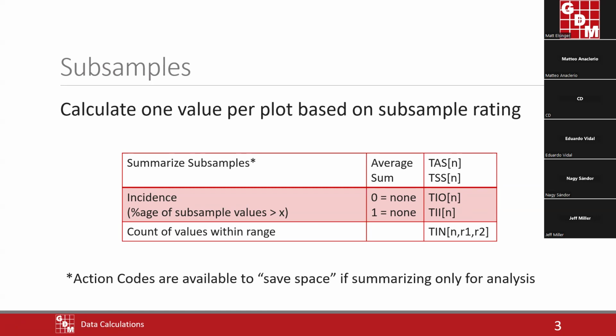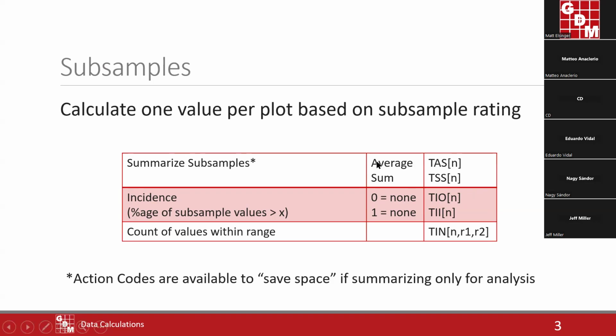So our ANOVA, the physical analysis that we have, doesn't go as far down to the subsample level. We'll always calculate a plot average first and then just use the plot averages for the analysis. So really don't need necessarily to have to create a separate column for every subsample rating if we're only using them for the analysis.